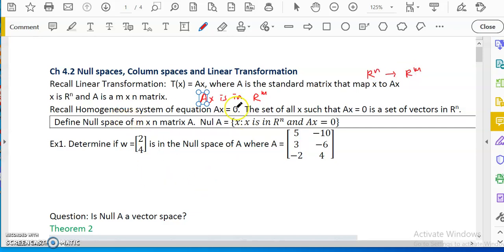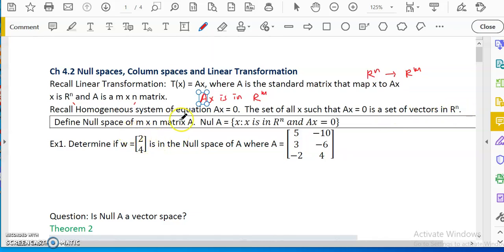Okay, and we recall in chapter 1 we also talked about the special system of equations called a homogeneous system, where if I have a matrix A and I times x is equal to 0, then the set of all these x that make Ax equal to 0 is a set of vectors in Rn also.